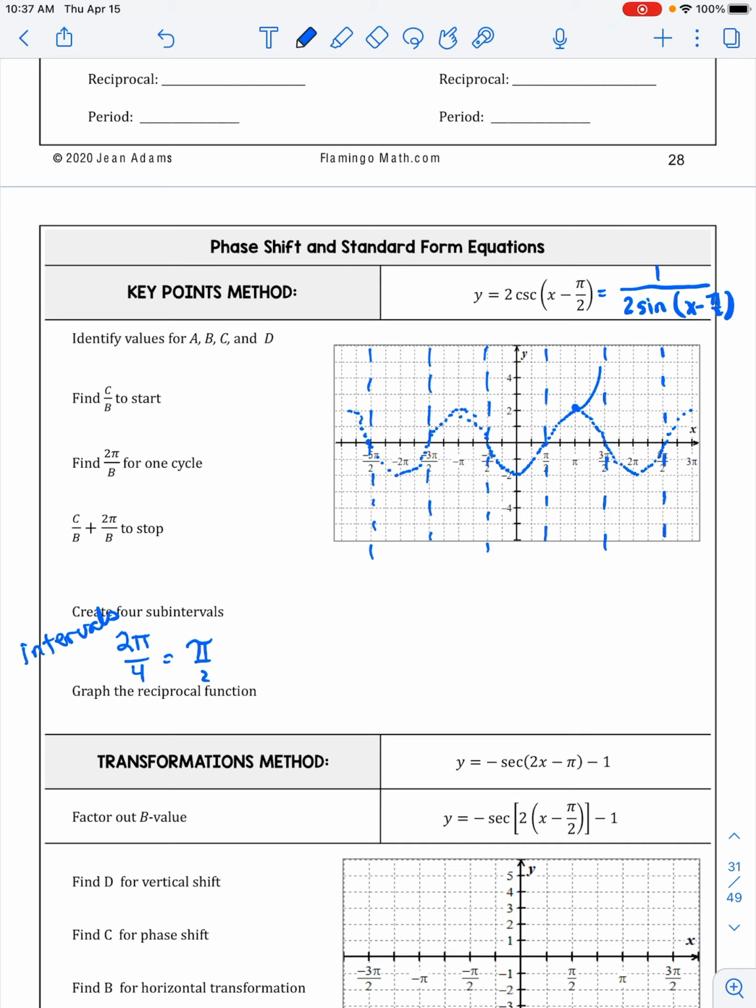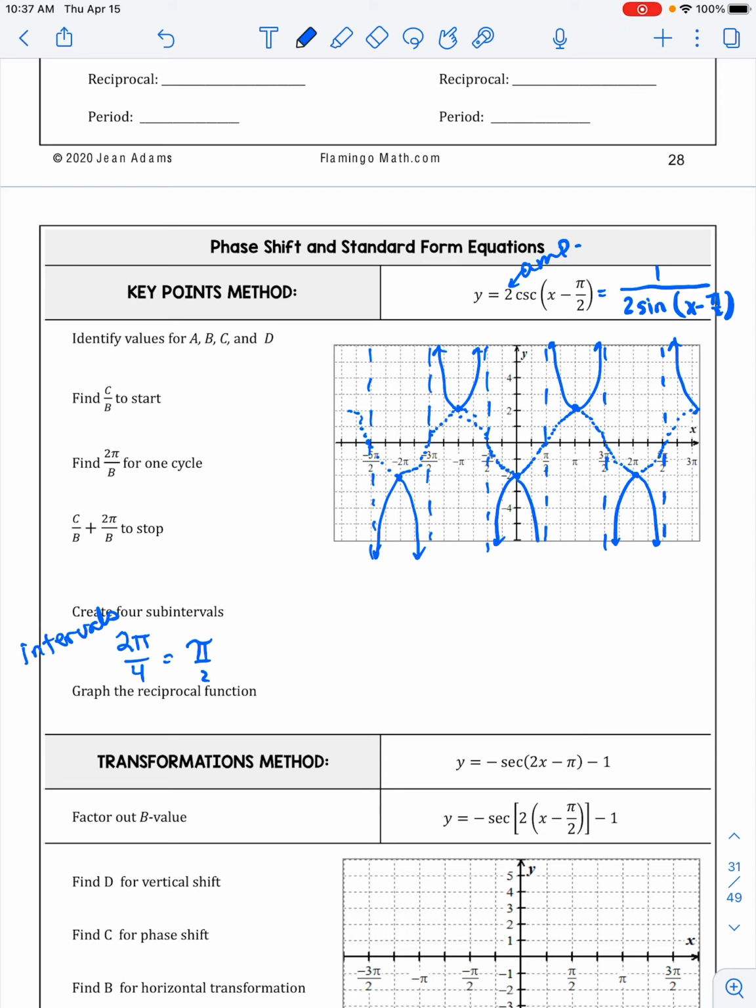And of course, as we said before, they're going to share that point, go up, share this point, go down. This one will be coming up like that. We went from 2 to negative 2 on that because of this amplitude. Okay?